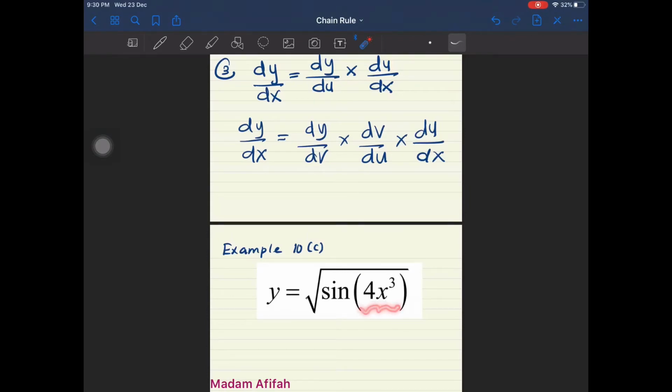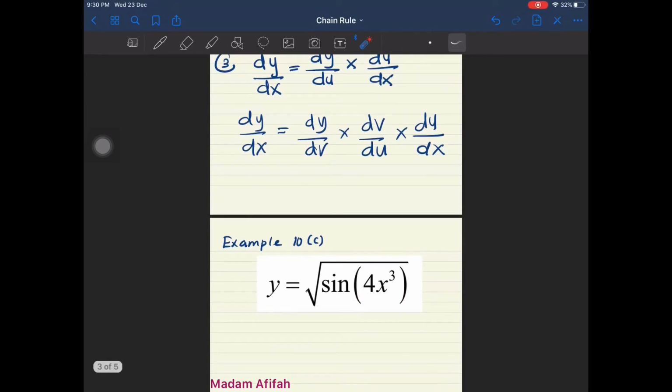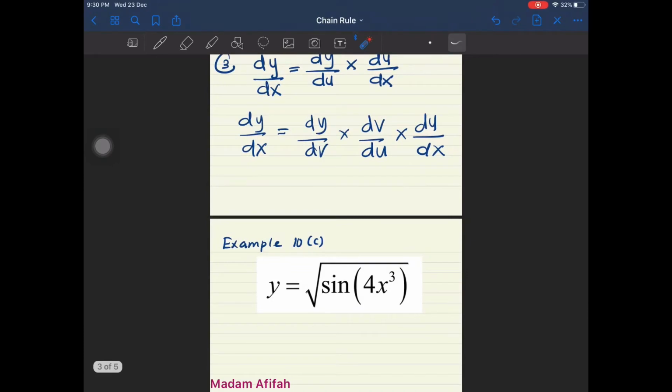If you choose your u to be the argument of the trigonometric function, then you might have 3 functions here, and only then do you go for the power. You see here? Or if you want to make your chain shorter, then you can choose this one as your u.